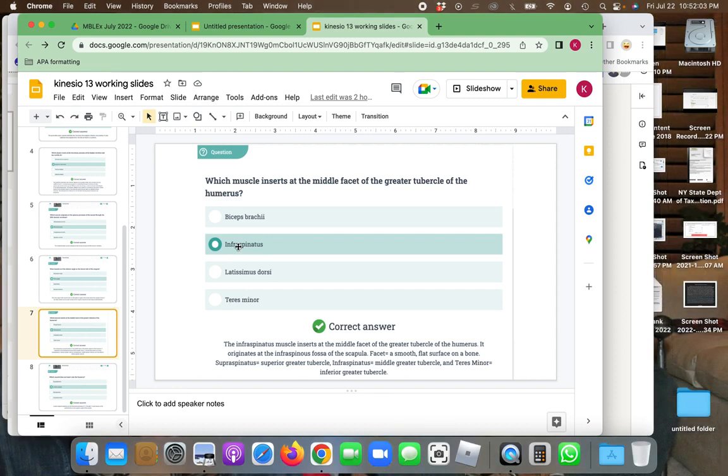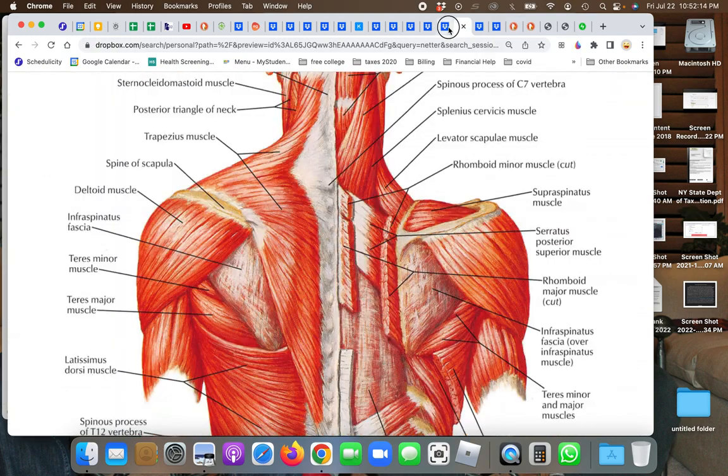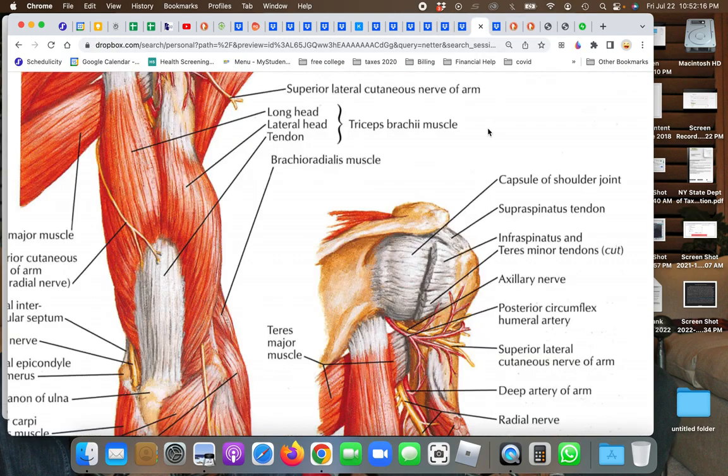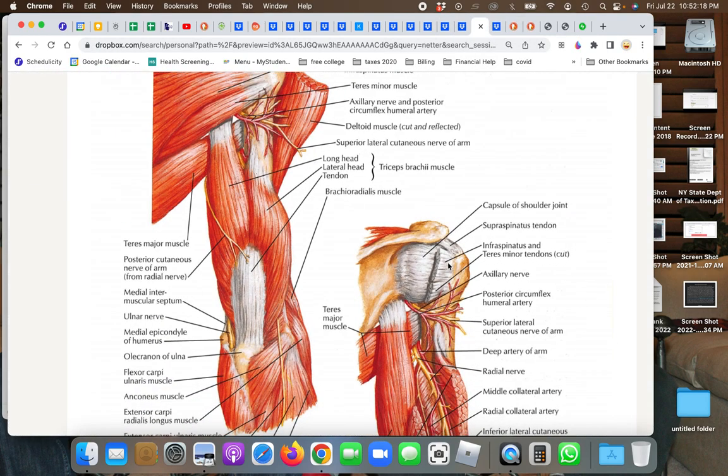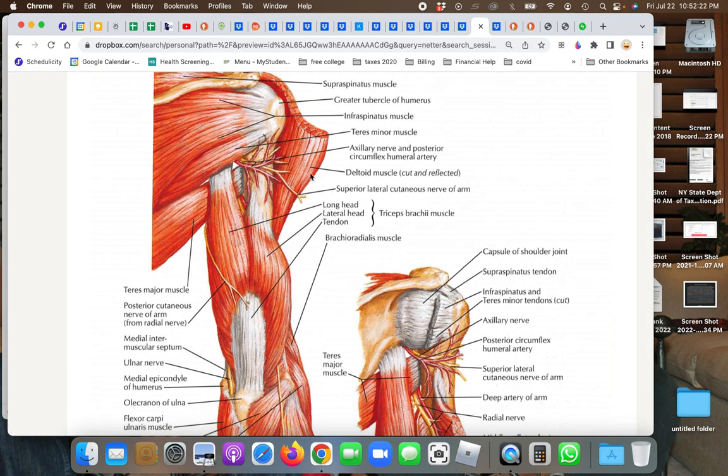So let's first look at the middle facet and the greater tubercle and the lesser tubercle of the humerus. Okay, this is the shoulder from the posterior aspect. Here's the infraspinatus muscle, and it comes over to the lateral and posterior aspect, the back of the humerus, and it attaches on the back of the humerus.